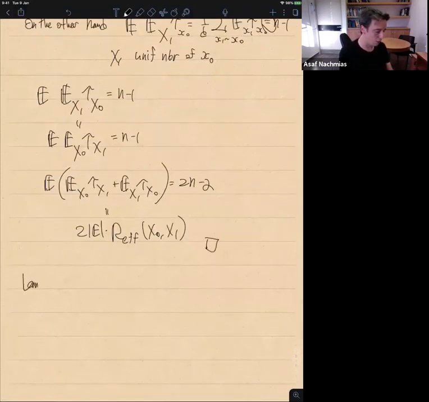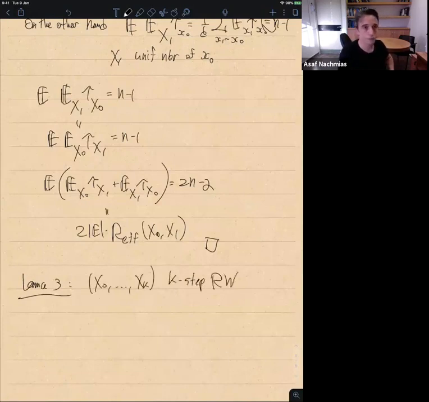Let me tell you what it is. So lemma 3, and I'll tell you with a bit of hand waving how to prove it. So now I have the same thing. X0 to xk is a k-step random walk, and I'm looking at the resistance between xk and x1.